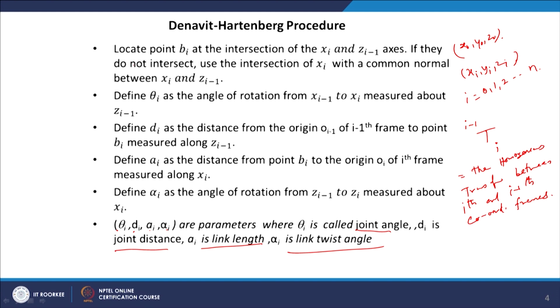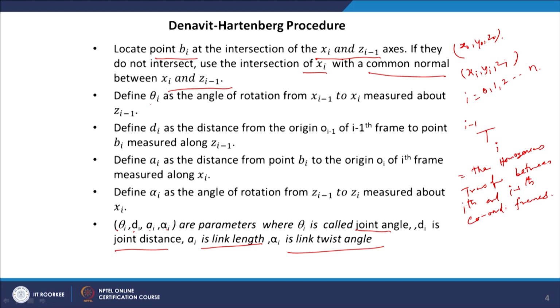So, here first thing is we have to locate the point bi, which is the intersection of the axis xi and zi minus 1. Because we have already fixed all these coordinate axes, the intersection of xi and zi minus 1 is called bi point. If they are not intersecting, then the common normal between xi and zi minus 1, wherever it is intersecting xi, that is called the point bi.